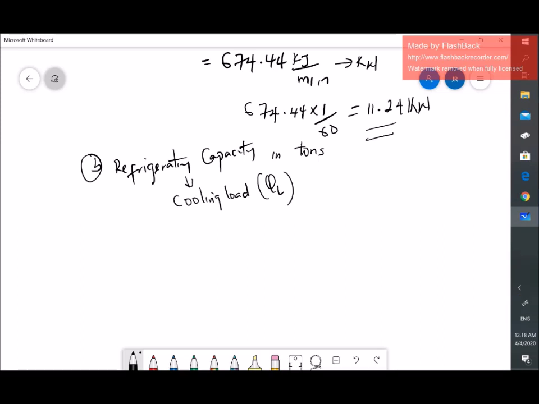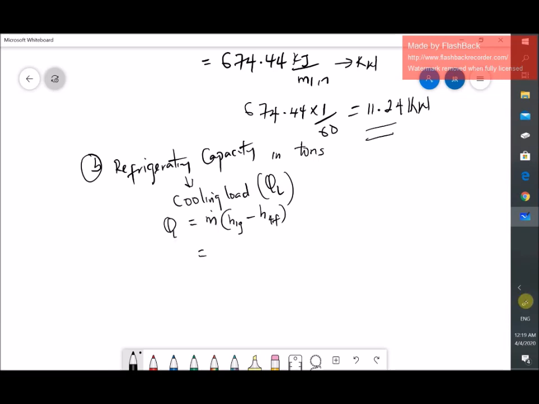Now QL is given by the mass flow rate times H1 gaseous minus H4 fluid. Alright, so we can log in the values.